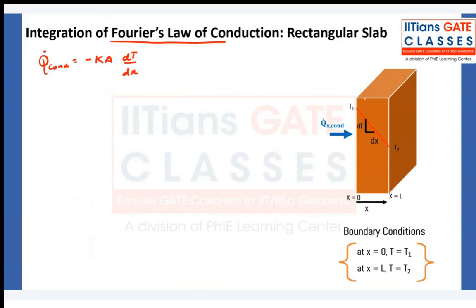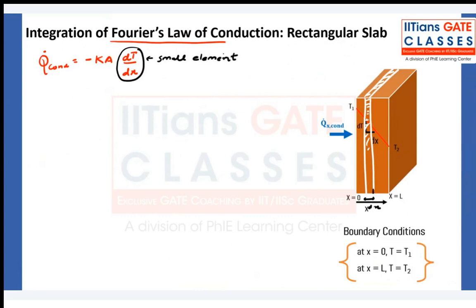For example, if you have a long slab and a very small element, this is small dx, and whatever temperature varies across it is dT. So it is for a very small element.